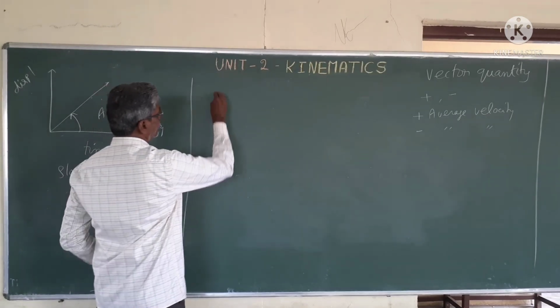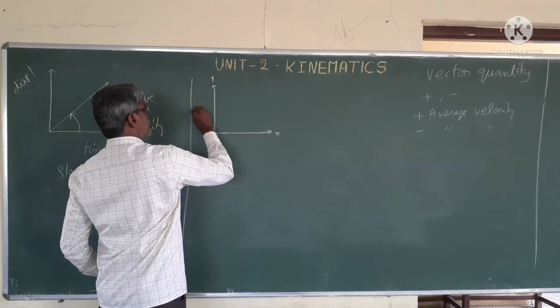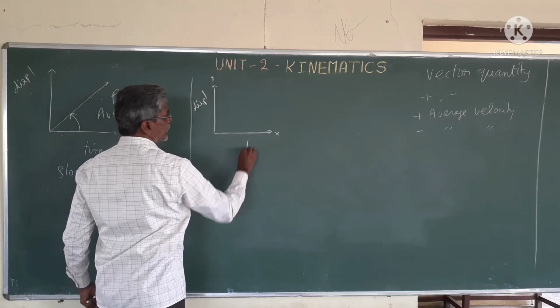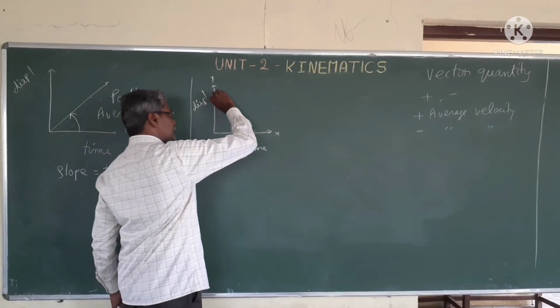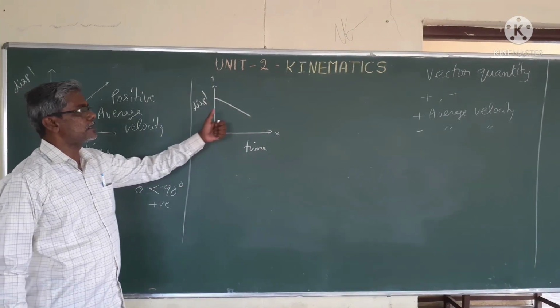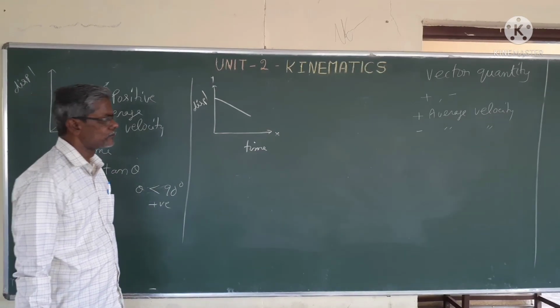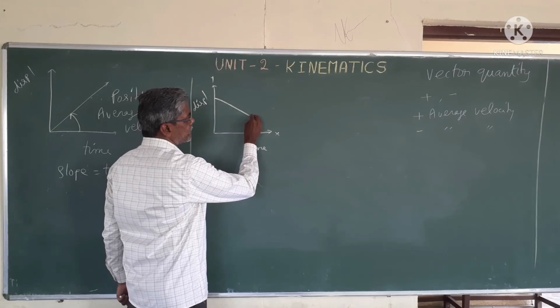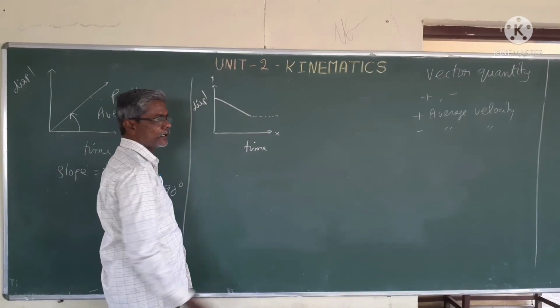Suppose I take this graph, a displacement time graph. Now, whether it is positive average velocity or negative average velocity, we always take the positive x-axis for making the angle.